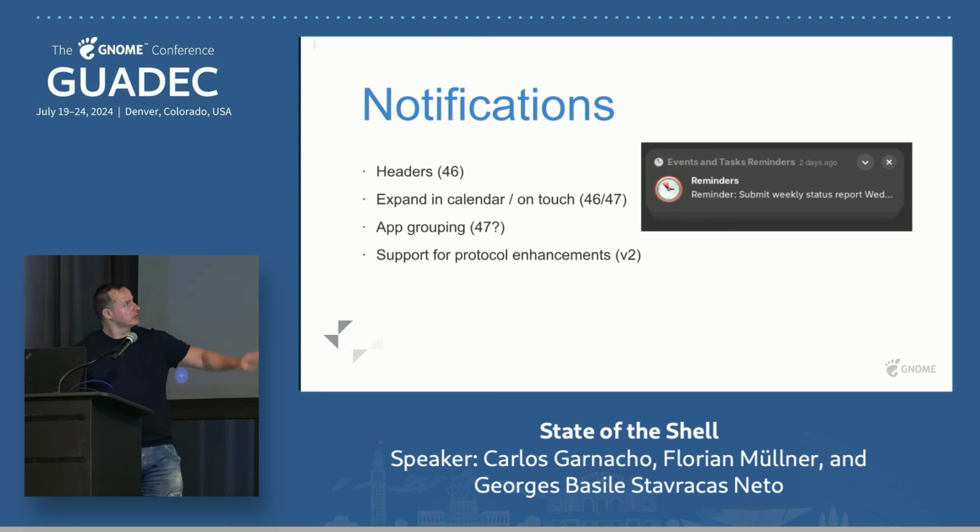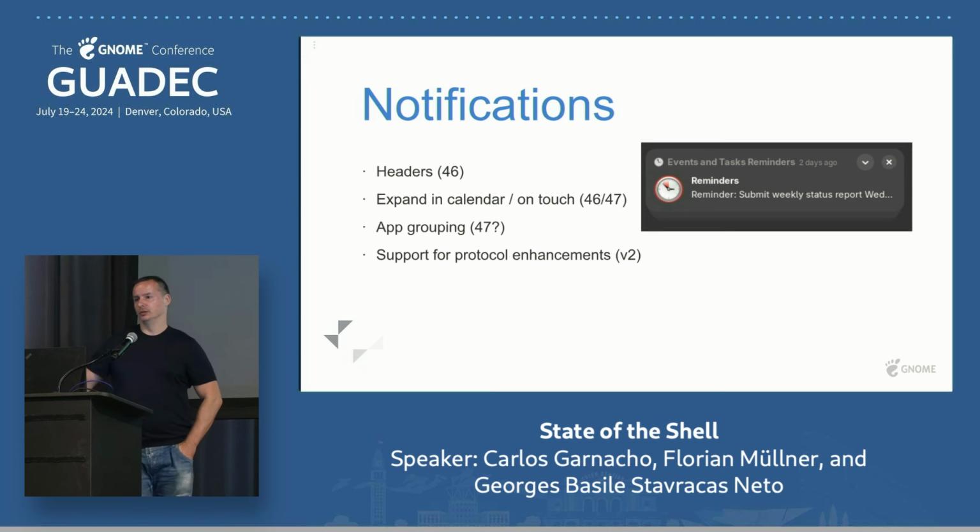But what we got was headers on top of every notification, and the ability to expand notifications in the calendar list to get access to actions and the full text. This is also now available in the banners inside the session so that you can actually expand notifications on touch.